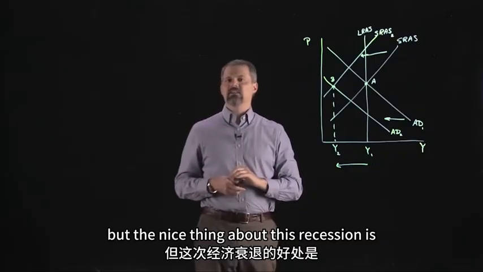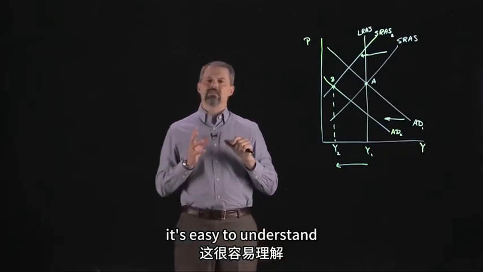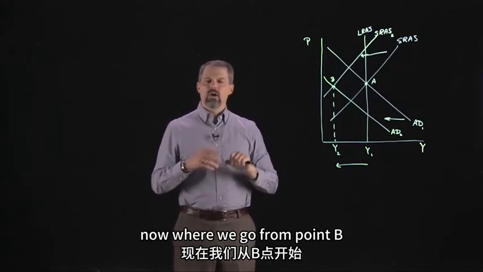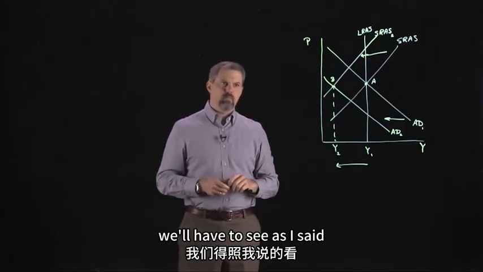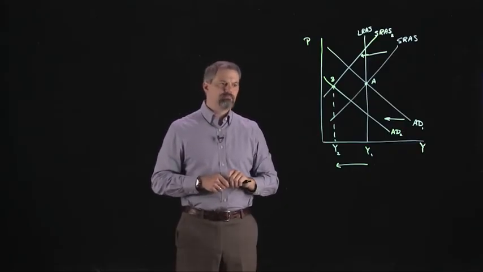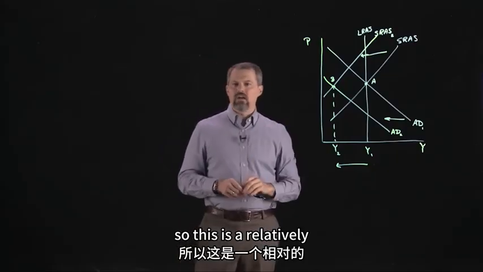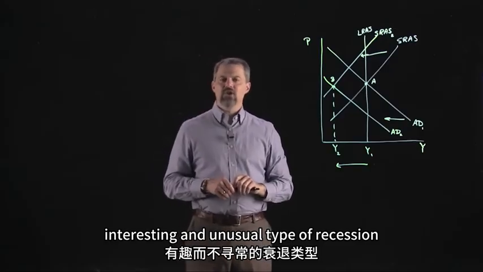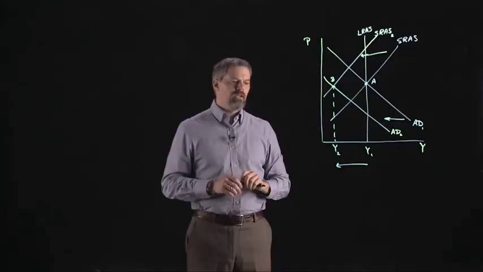But the nice thing about this recession is it's easy to understand what put us at point B. Now, where we go from point B, we'll have to see, as I said. So this is a relatively interesting and unusual type of recession.